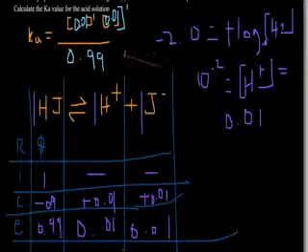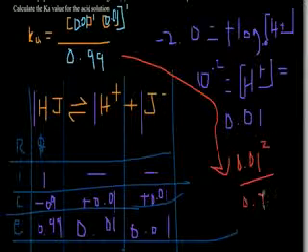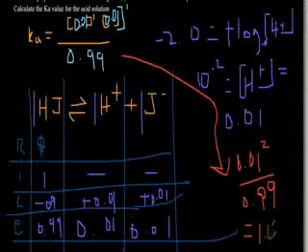From here, we can go here and say 0.01 squared over 0.99. That equals 1.01 times 10 to the negative 4.